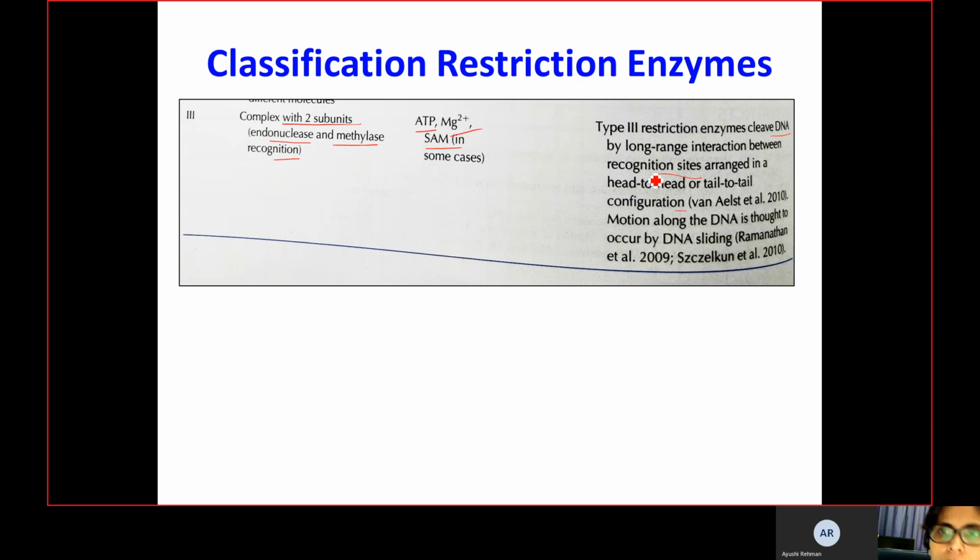So it depends on how these two sites are complexed, and like type 1, this type 3 restriction enzyme is also a complex.